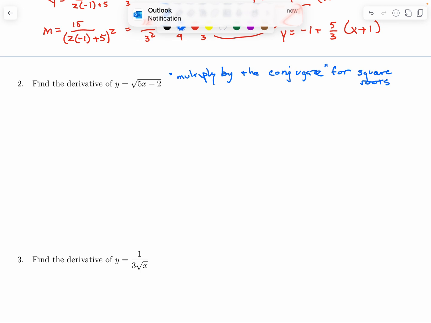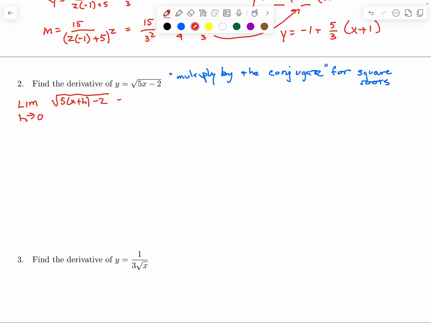Okay, f of x plus h minus f of x, whole thing over h, and we multiply by the conjugate. Now, when I say conjugate, the only thing that changes is the sign of the subtraction that's in the middle, not the little subtractions.